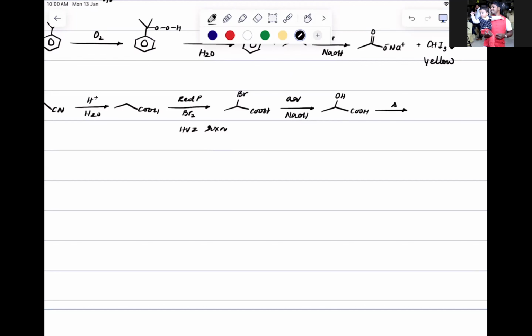Next, 77. If there is aniline given and you are treating with HNO3 and H2SO4 at 288 kelvins, very important temperature condition, 288 kelvins, then you will get three products, right?